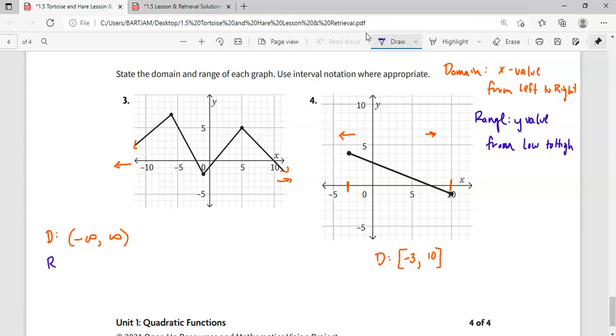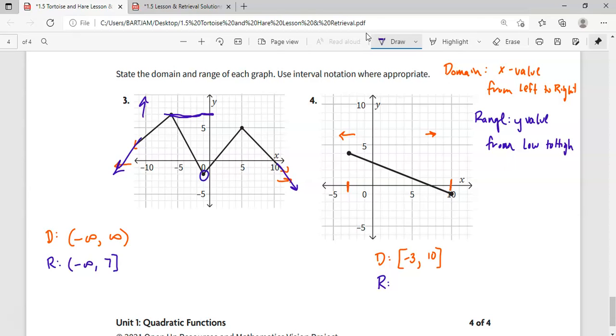So if we look at question number 3, it looks like there's a low point located at the point (-1, -2), but keep in mind the arrows on the end, this graph is going to continue to extend downward forever to negative infinity. And then in the upward direction, my graph maxes out when y is 7, and 7 is included, so from negative infinity to 7.